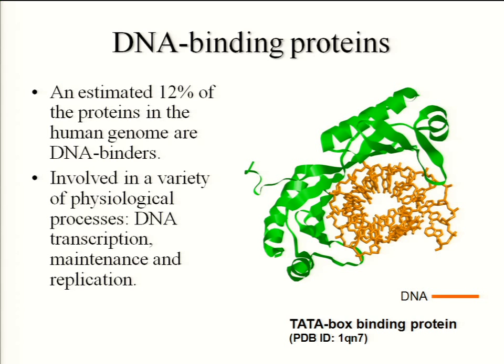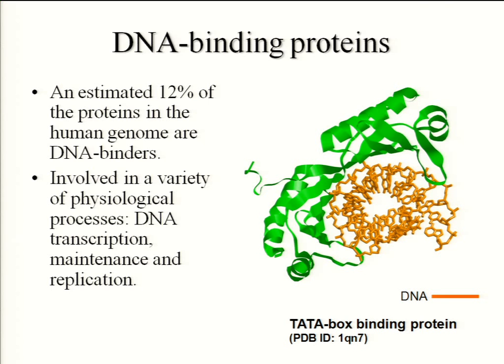We know that an estimate of something like 12% of the proteins in the human genome are DNA binders. They are involved in a variety of physiological processes in DNA transcription, maintenance, replication, etc. This is an example. It's a Tata box binding protein, and you see the DNA here in yellow and the protein itself in green.